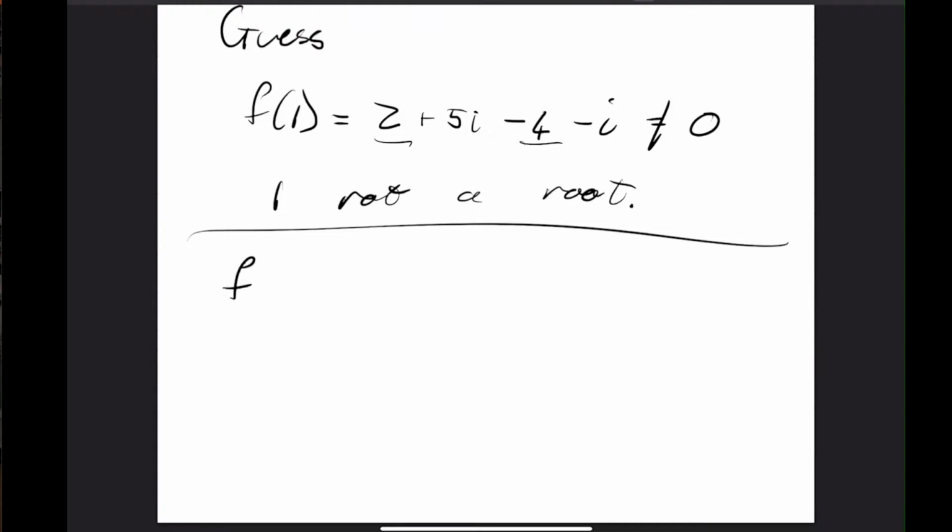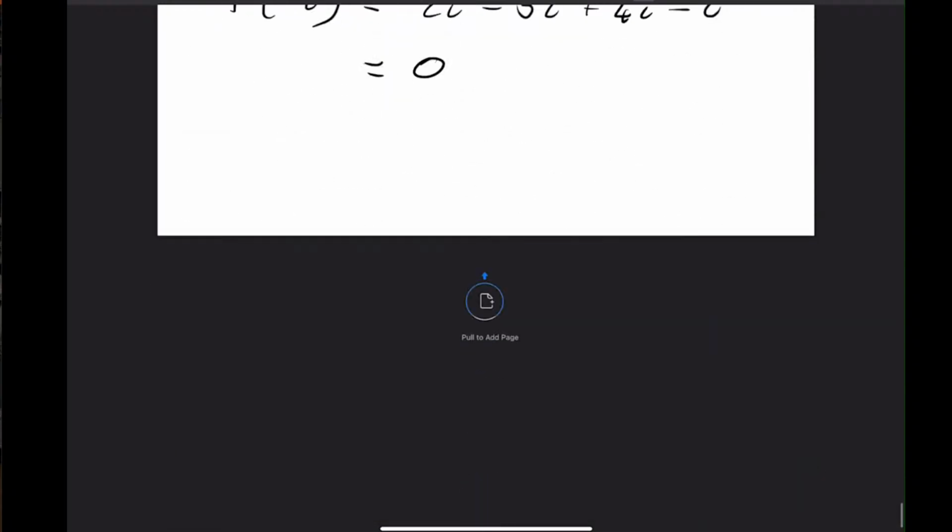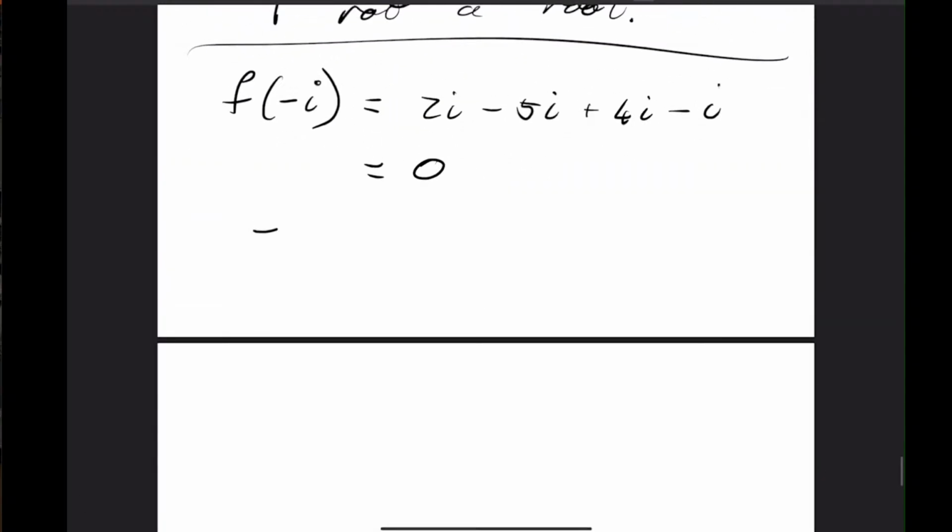So let's try minus i. Let's see, that is 2i minus 5i plus 4i minus i, and that is 0. So here we've got minus 6i plus 6i is 0. So minus i is a root.